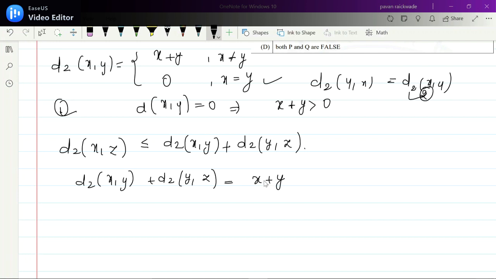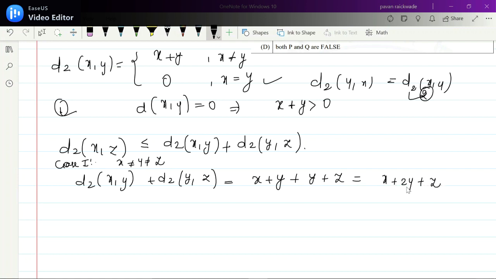So x plus y, plus d2 at y comma z is y plus z, right? I am assuming case 1. Okay, I will make some cases. Case 1, x is not equal to y is not equal to z, right? Okay, so now this is equal to x plus 2 times y plus z.